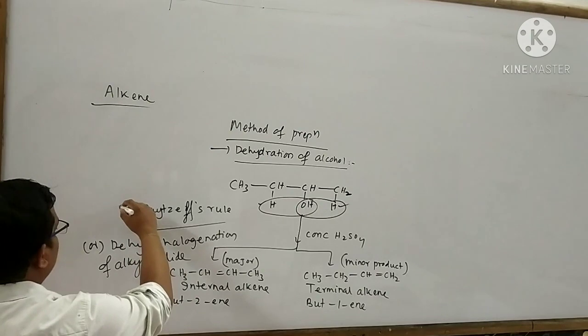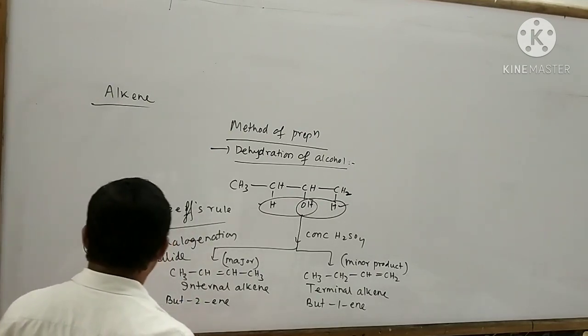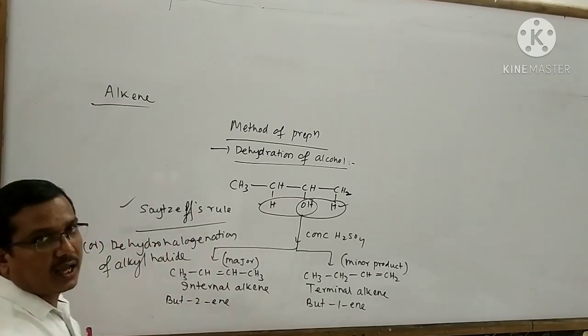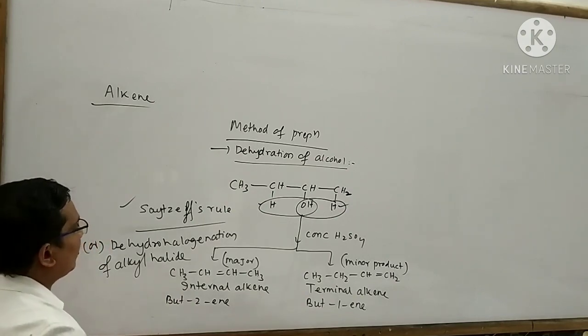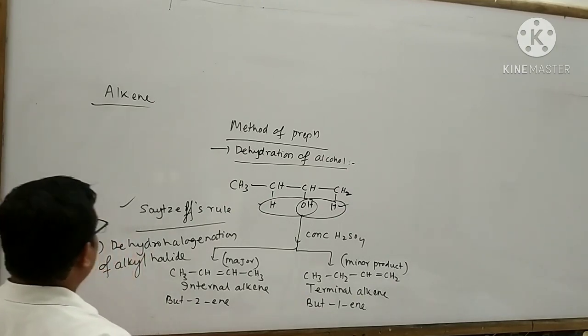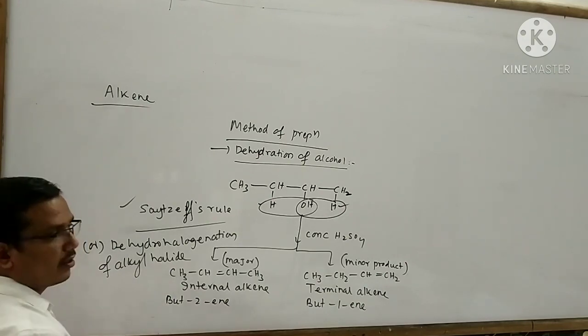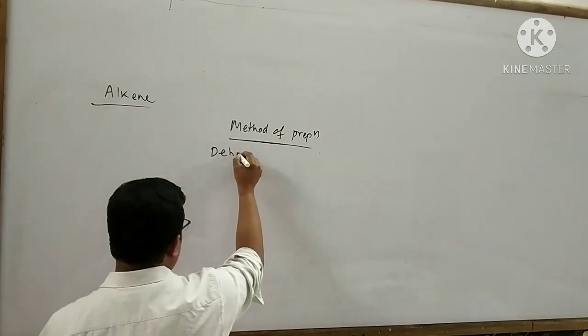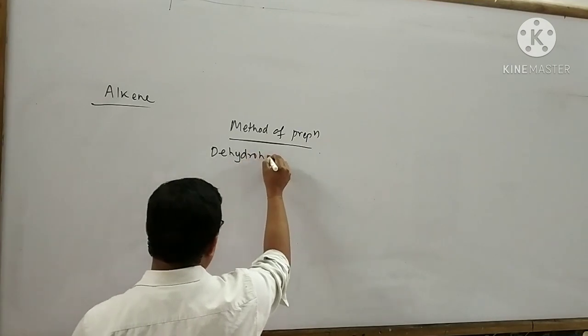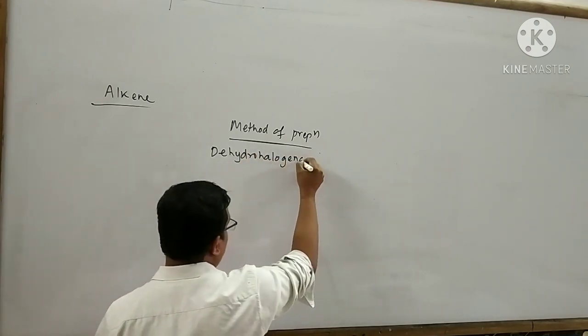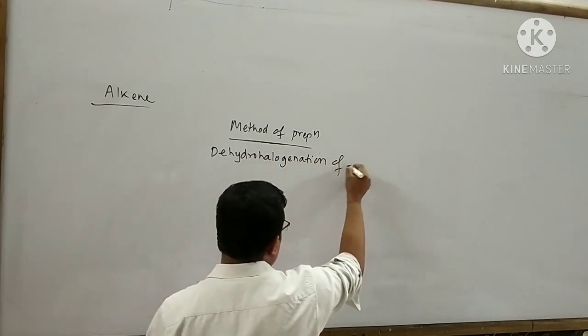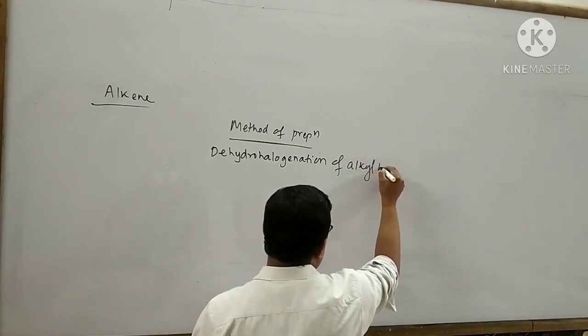Saytzeff's rule is also applicable in the dehydrohalogenation of alkyl halide. I will explain Saytzeff's rule in dehydrohalogenation of alkyl halide. Next I will explain the dehydrohalogenation of alkyl halide.